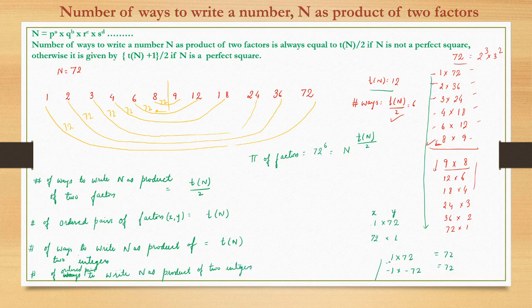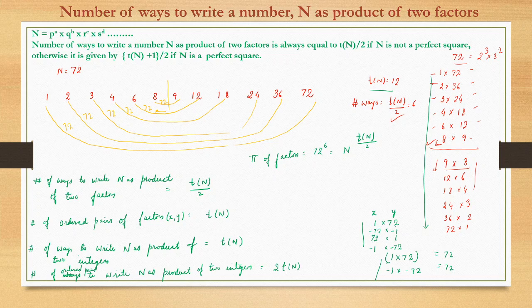So now see, for the 1 into 72 pair, for ordered pairs x can take 1, y can take 72; x can take 72, y can take 1. Further, x can take minus 1, y can take minus 72. Also x can take minus 72 and y can take minus 1. So for just the one 1 into 72 thing, we are getting 4 cases. So for 6 cases, that will be 24. So that becomes 2 times tn. This concept I think is simple enough.